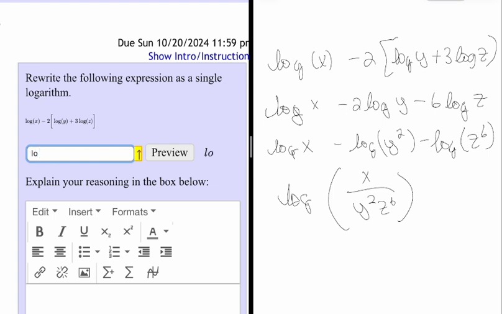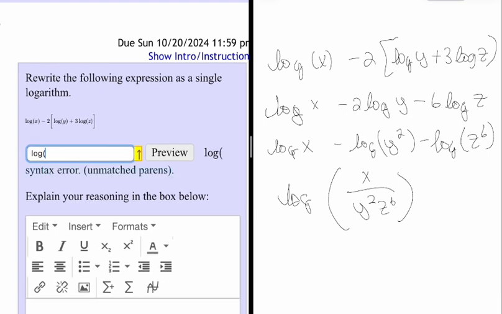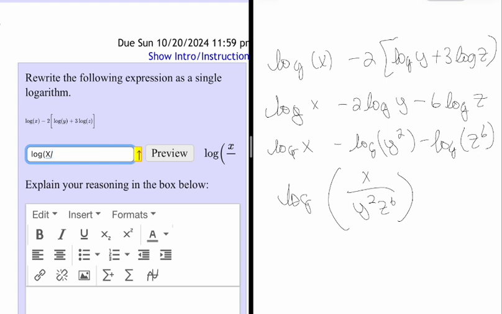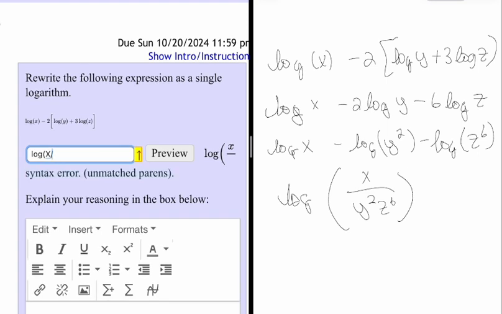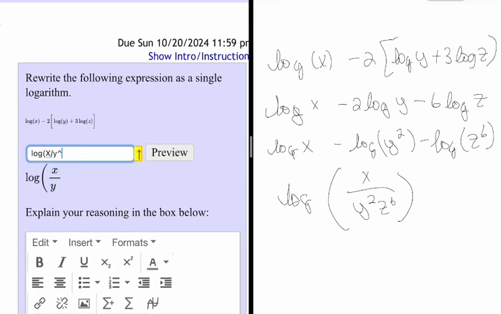So the log of x divided by y squared z to the 6th.